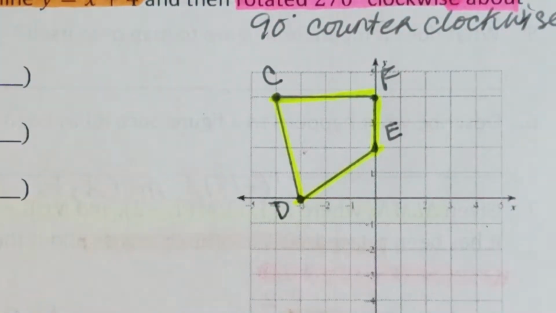All right, so the first thing we need to do is reflect this over the line y equals x plus 4. But that is not going to fit on my graph. Well, we can change that so it fits on our paper, but I want to make sure that we actually do this problem.